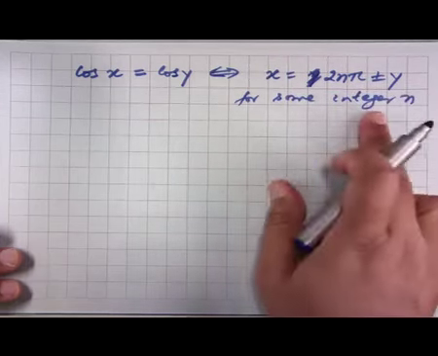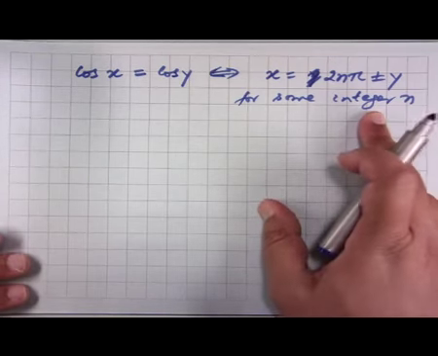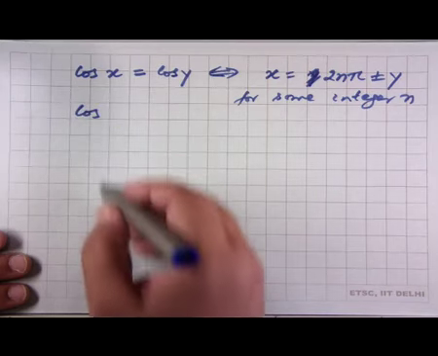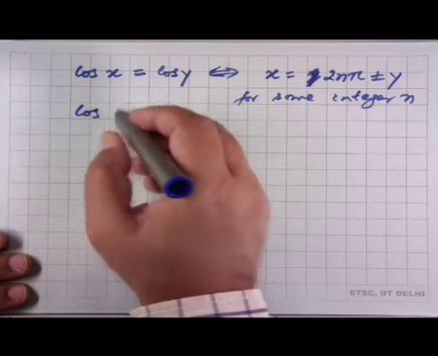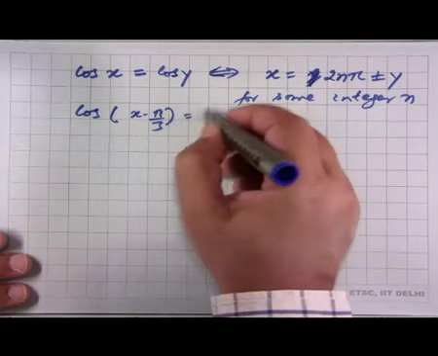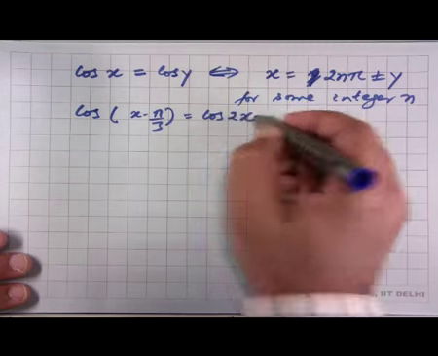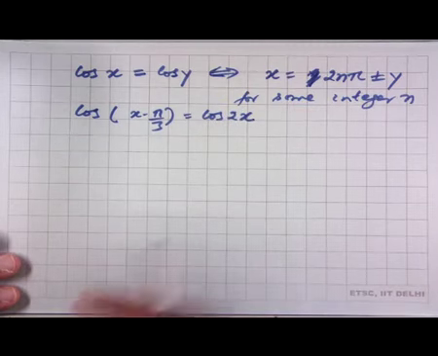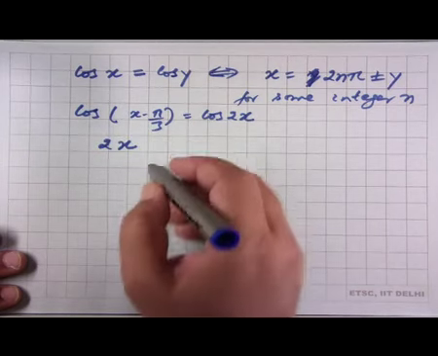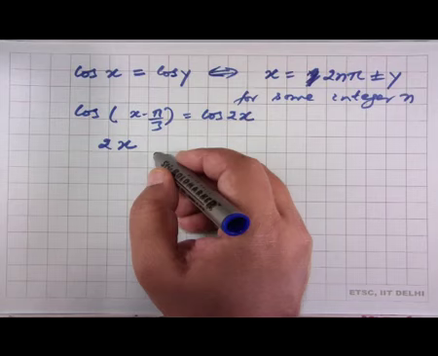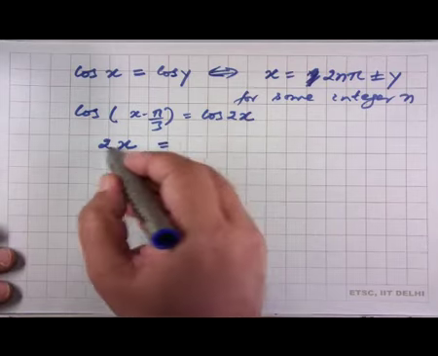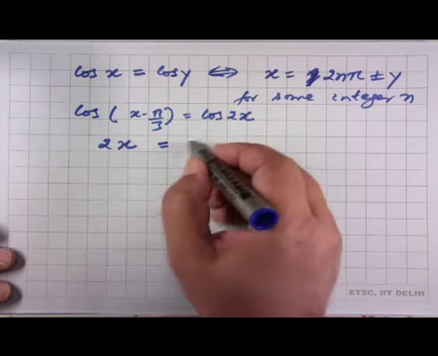So this is from one of our previous lectures, and what we have here is that cos of x minus pi by 3 is equal to cos of 2x. So essentially what it means is that this 2x must be equal to, I mean we can write it either way, so we can even write it like this.